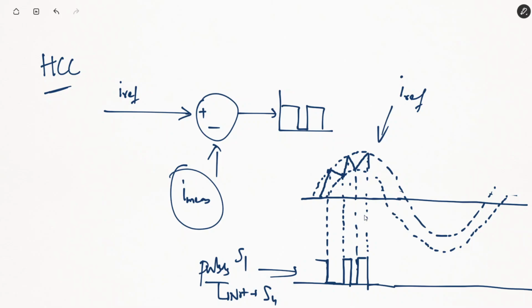So this is the actual measured value of current. So you can see that our actual current is rippled in nature. It's not a perfect sinusoidal waveform. It's a rippled sinusoidal waveform.